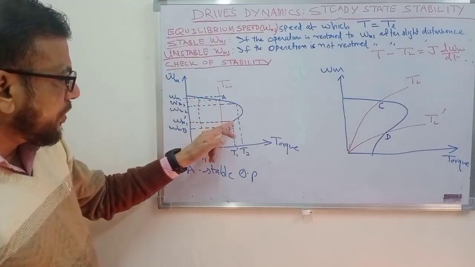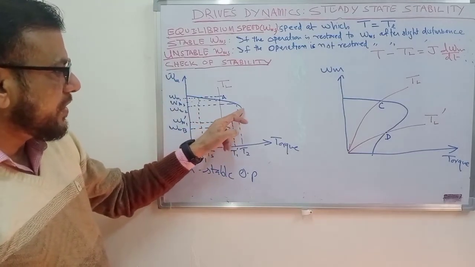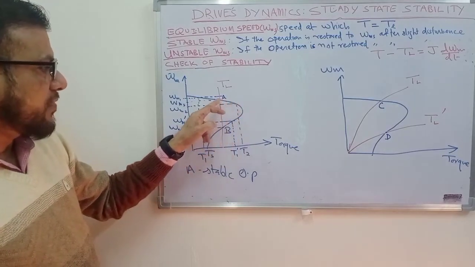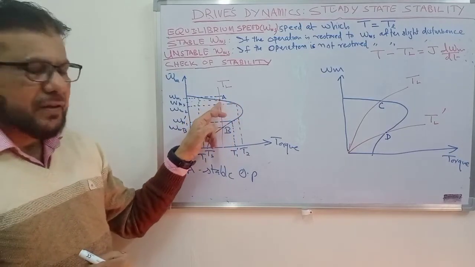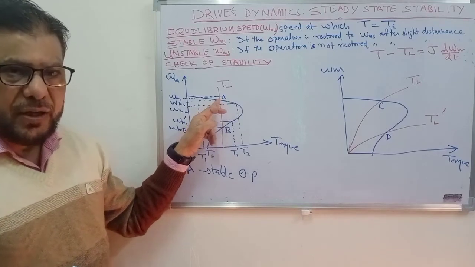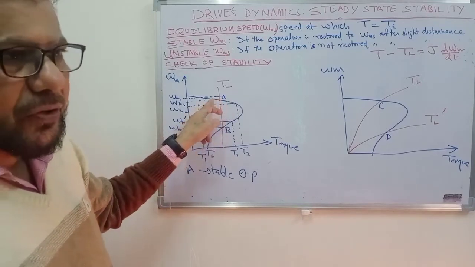As the speed increases, the operating point will further change. It will increase and finally reach the point where the motor torque becomes equal to load torque, and this will be the operating point.